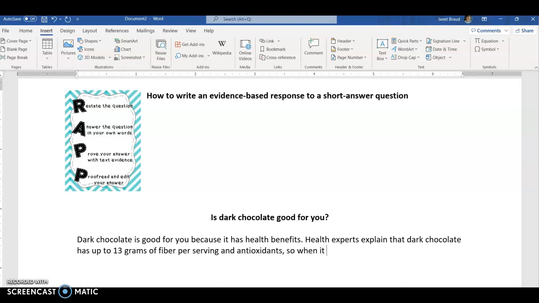So when it is eaten in small amounts, it can be healthy.